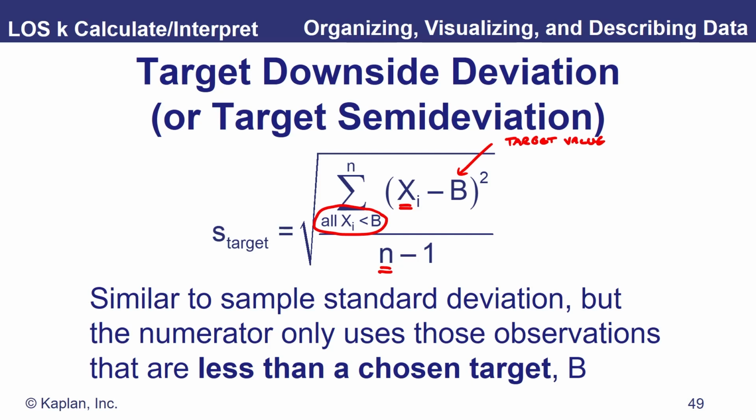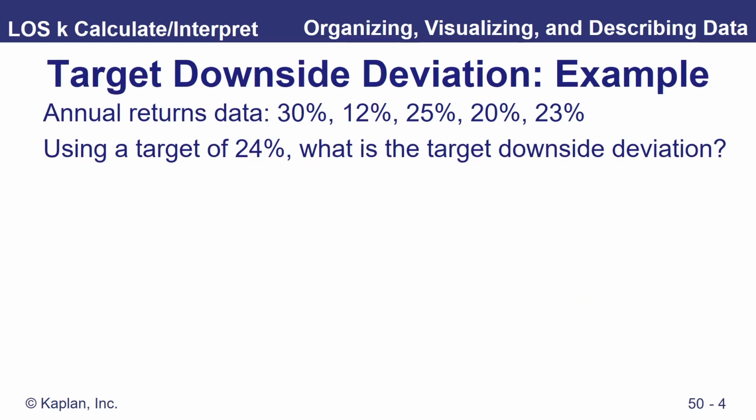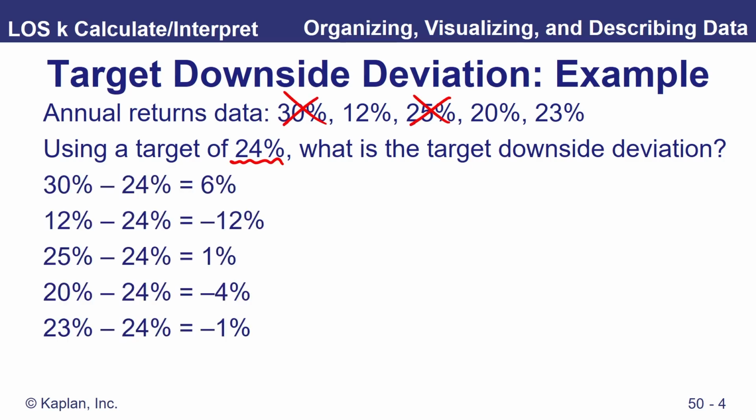Let's just do a computation with this. So here's our data: 30, 12, 25, 20 and 23. We're going to use a target of 24. So we're going to ignore any value that's above 24. So that gets ignored, that gets ignored. Okay, so there are our observations.